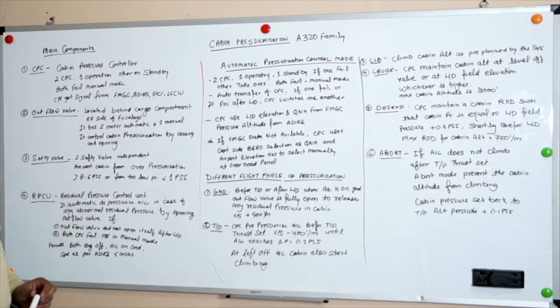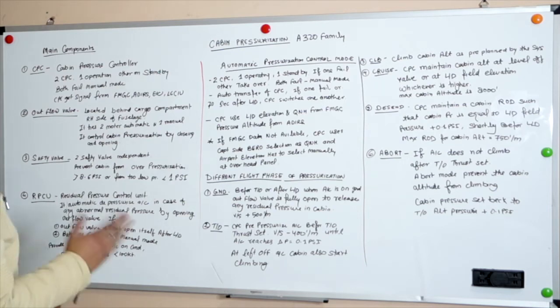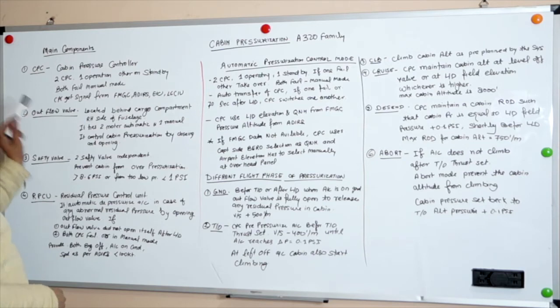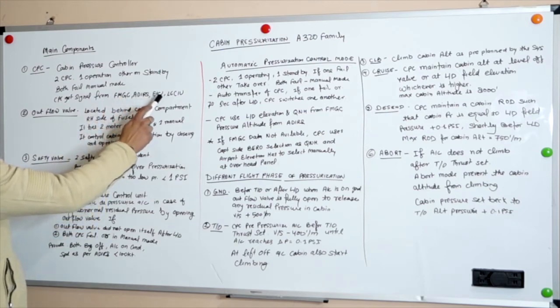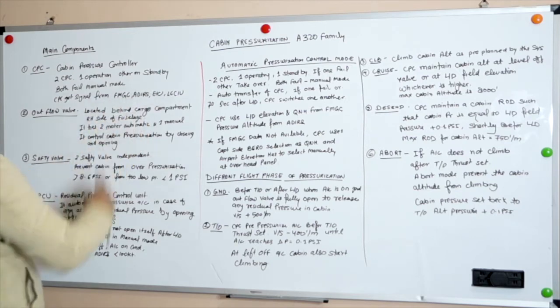It controls the cabin pressure by controlling the outflow valve. And how does it come to know what has to be maintained and how much? For that particular calculation, it gets signals from the FMGC, ADRs, EIU, and LGCIU.